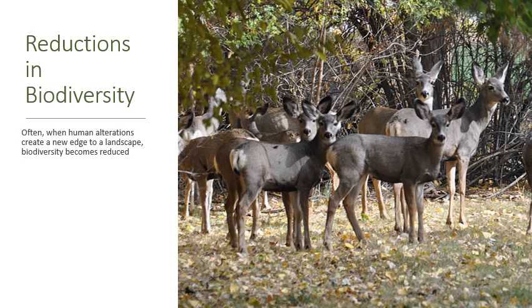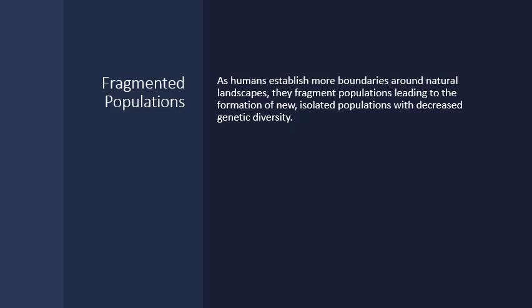This used to be their range, and we have changed it. When we create more boundaries, when we create boundaries that are around natural landscapes, they lead to what's called fragmentation. This isolates populations, causing them to interbreed or inbreed, leading to decreased genetic diversity.